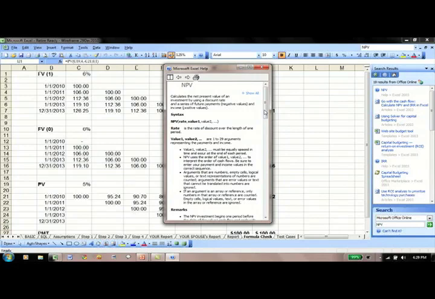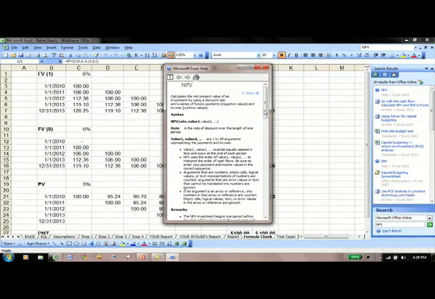Further, it says each of the values must be equally spaced in time and occur at the end of each period. So in the NPV formula, there is no type parameter, but Excel tells you the payments must be made at the end of each period. And then NPV uses the order of value 1, value 2, etc. to interpret the order of cash flows.